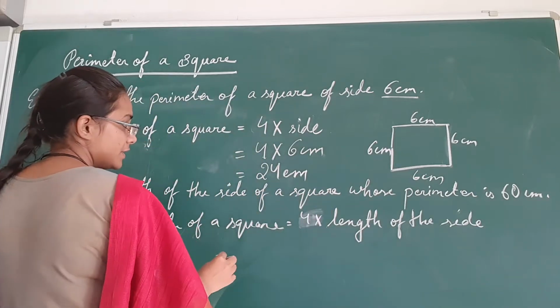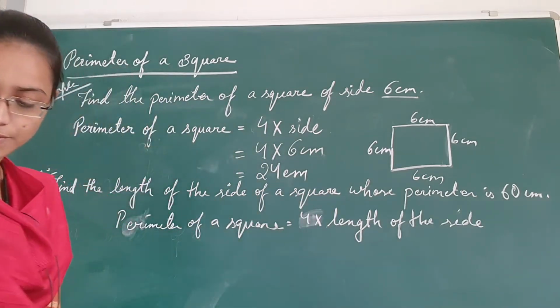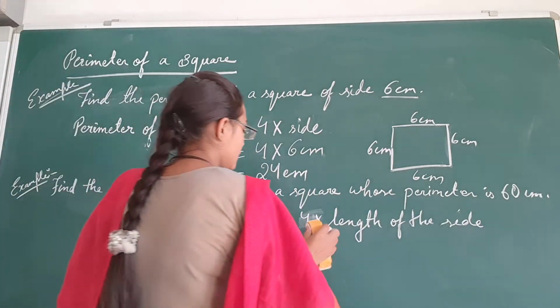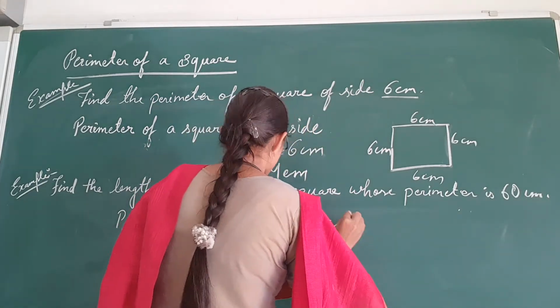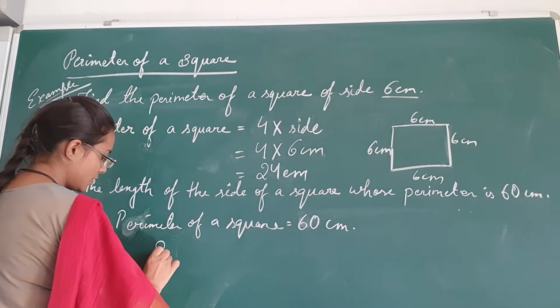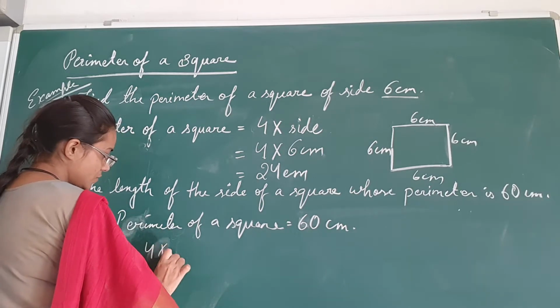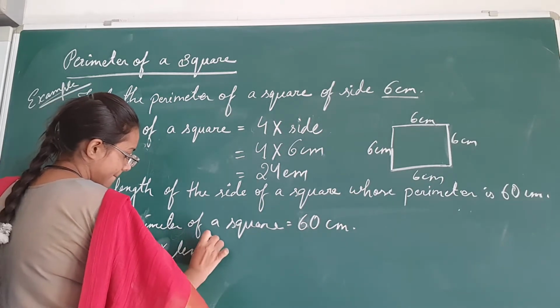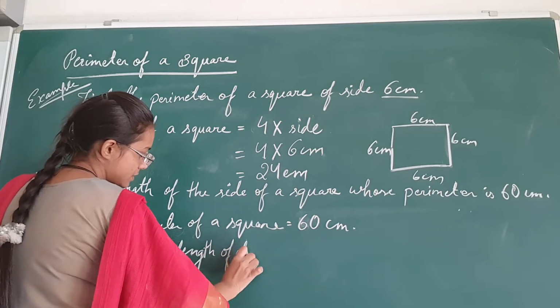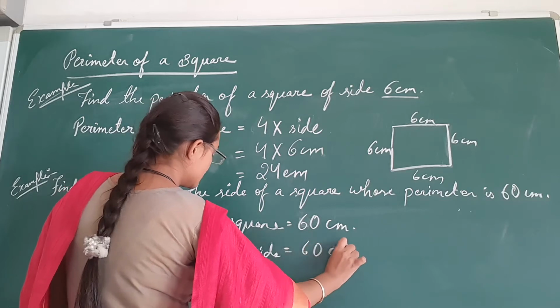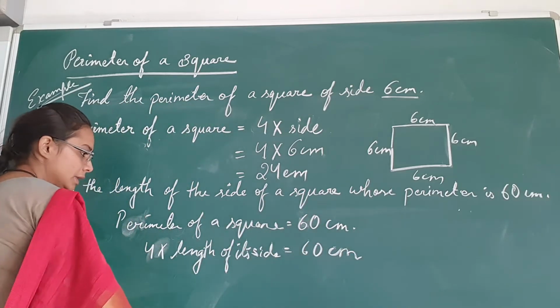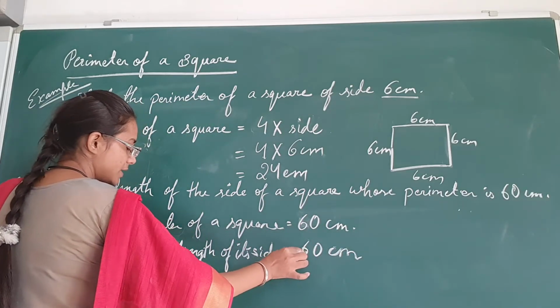So perimeter given here is 60. Sorry. Here the perimeter of a square is given, that is 60 centimeter. And we also know that the formula of it is 4 into length of its side, or we can directly write side also. Okay, this is 60 centimeter. We can write it in this way.